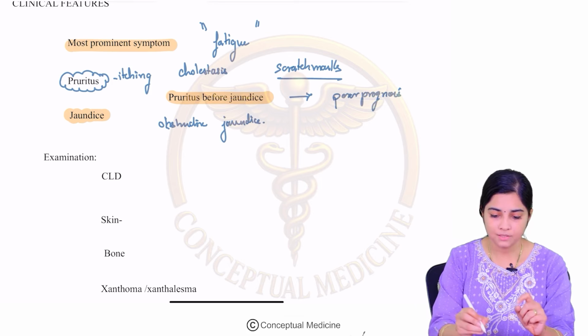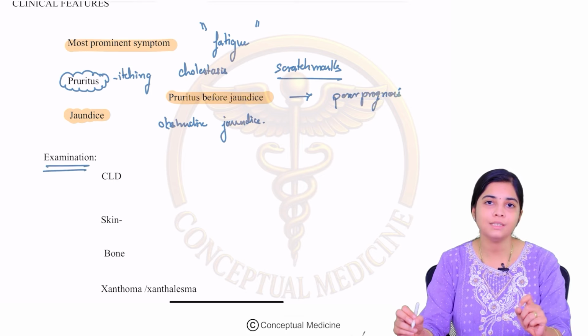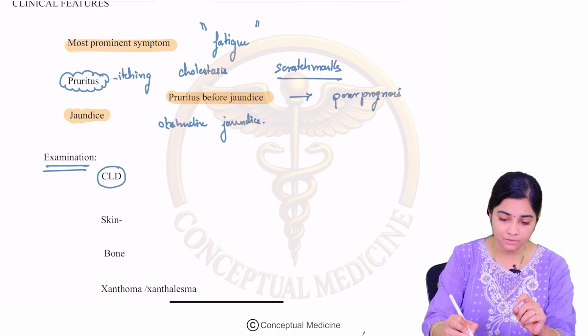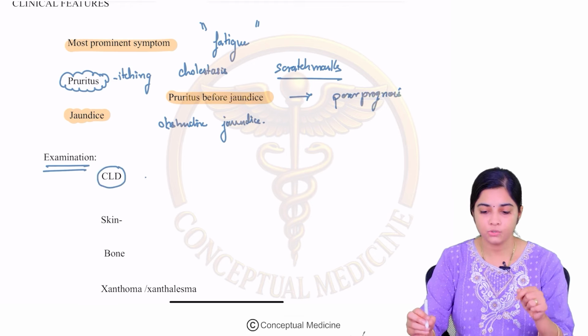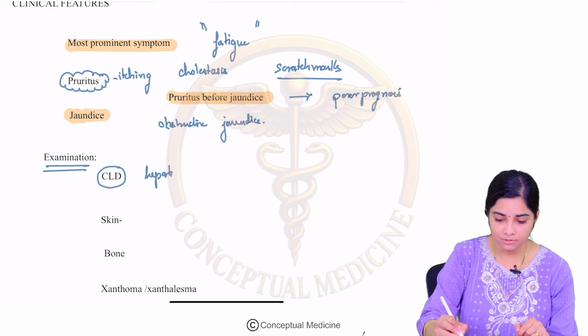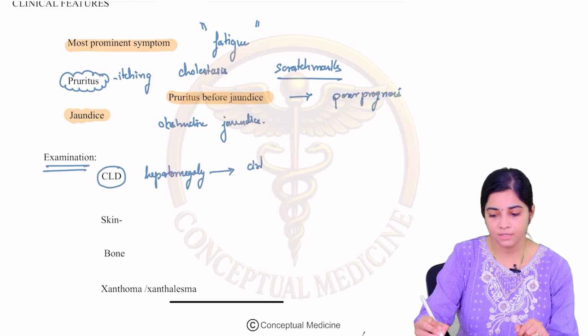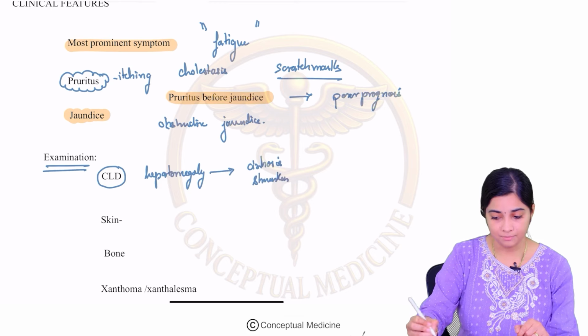Now apart from this, on examination, what are the other things that you have to find? Over the course of time, there can be chronic liver disease. So initially you can have some amount of hepatomegaly. Over the course of time, when there is cirrhosis, there will be a shrunken liver, so the liver will not be palpable.